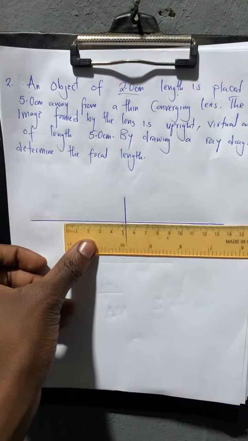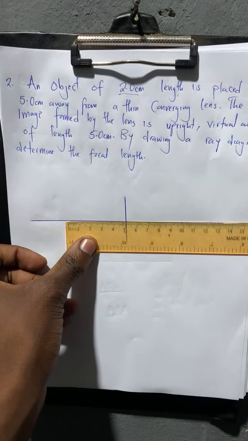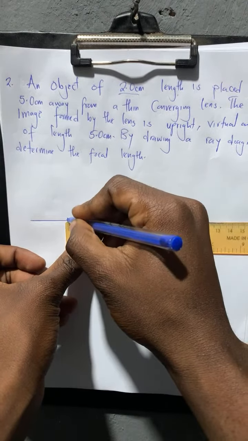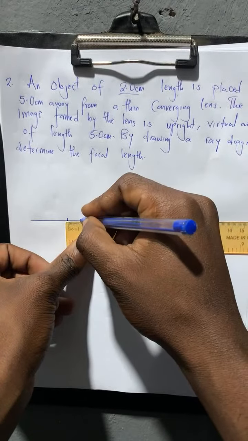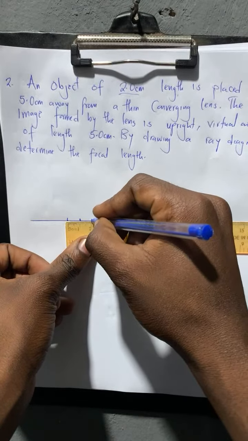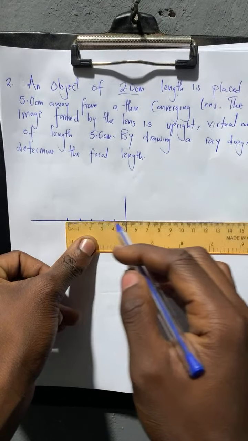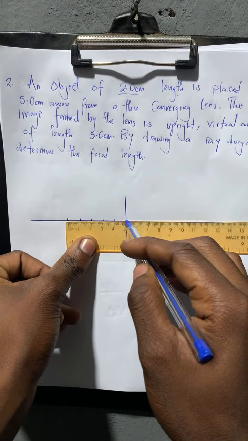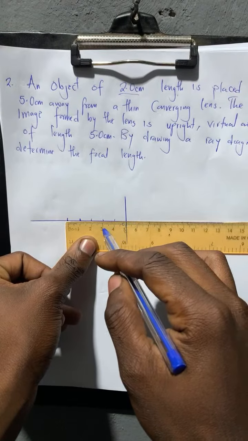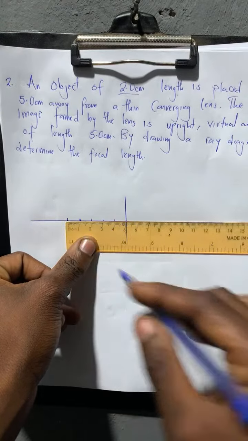So this is where 5 is. Since they haven't given us the scale, we get 1, 2, 3, 4, 5.